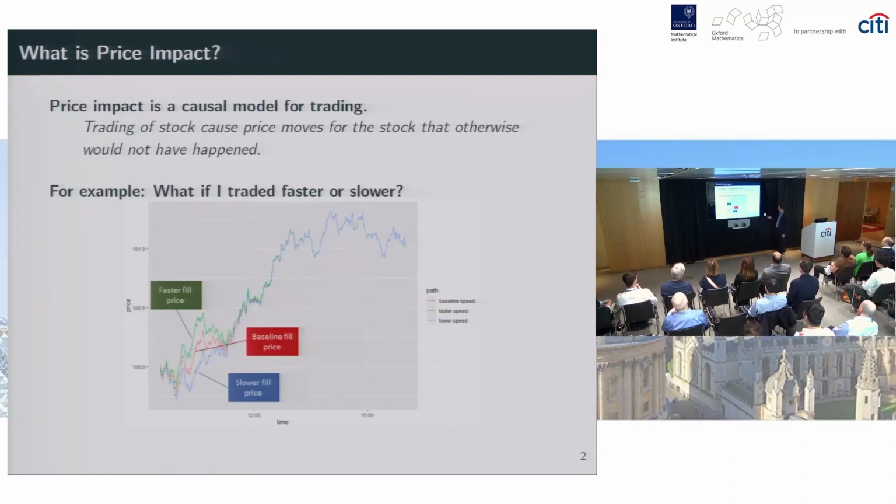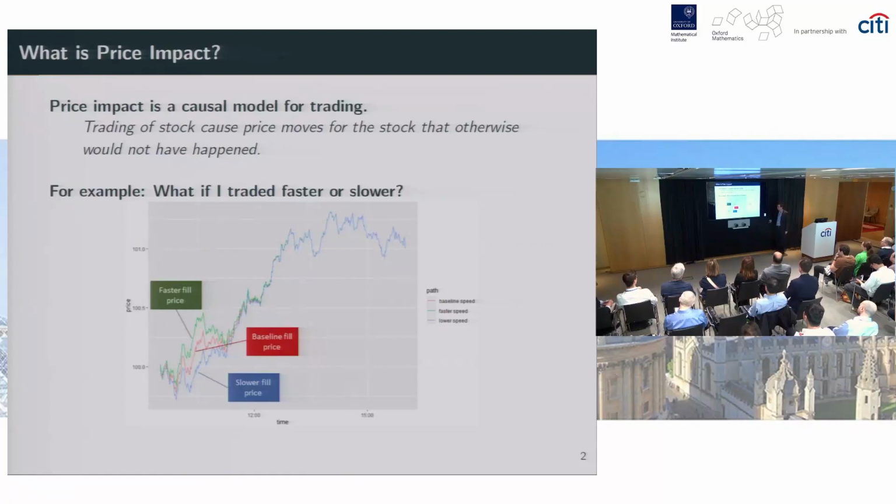Here is a very simple simulation. I take a historical price path where I've traded a certain strategy, and I ask my price impact model: what if I traded faster? What if I traded slower? Economists call that counterfactual analysis. If I have an alpha model, the answer is the same thing; I'm just replaying history.